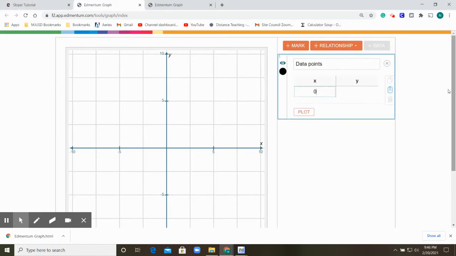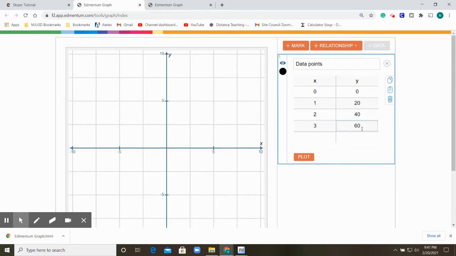Data: 0, 0, 1, 20, 2 trips, 40 riders, 3 trips, 60 riders. It's following the simple formula R equals 20 times T. So then we plot that.